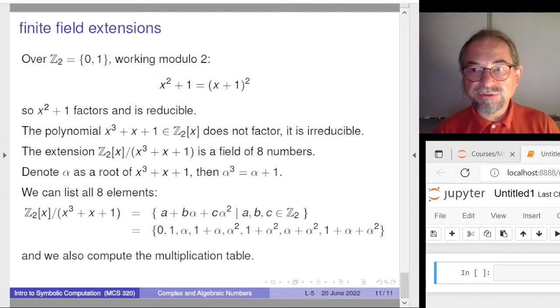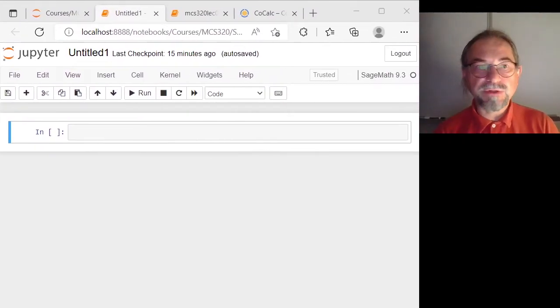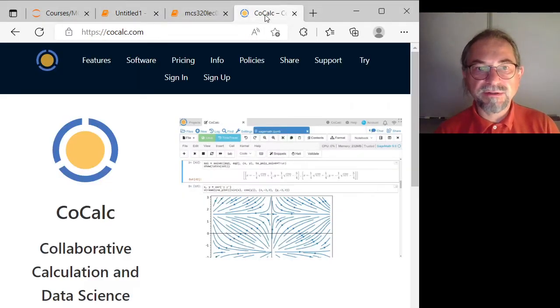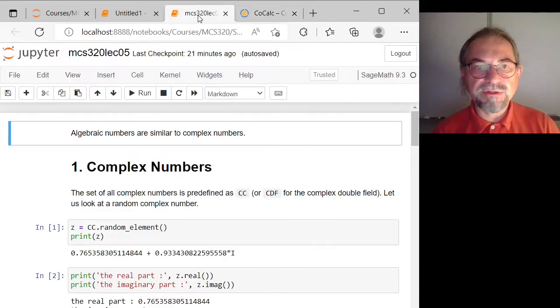Let me now switch to the Jupyter notebook. I have a prepared Jupyter notebook, which I could also eventually run on CoCalc, but let me stick to the pre-recording. It is formatted and will be posted at the course website.